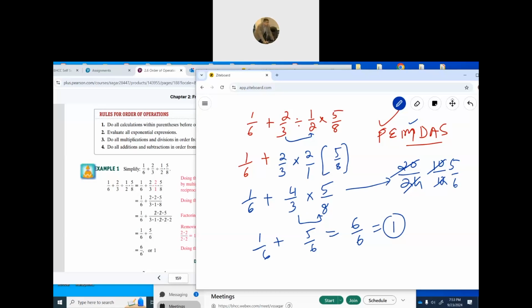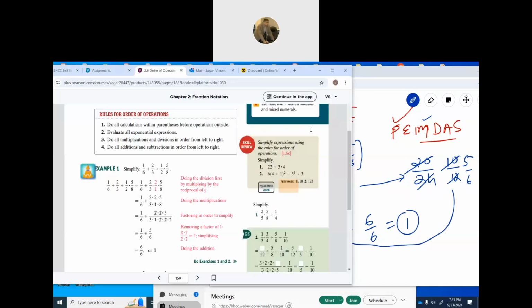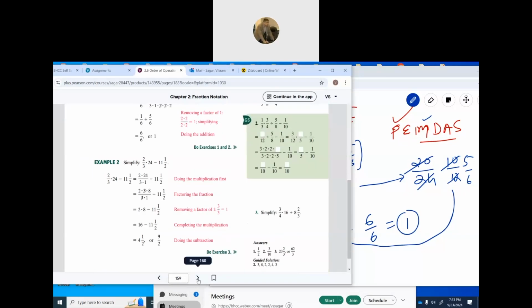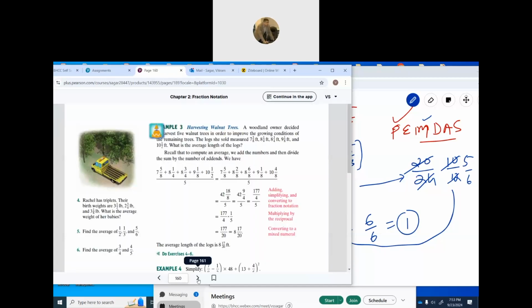Then we reduce by 2, which is 10/12, by 2 again, 5/6. We came back here, so now you could add 1/6 and 5/6. The denominator is the same, you add the numerators, which is 6/6, which is 1. Okay, so same type of questions are here.